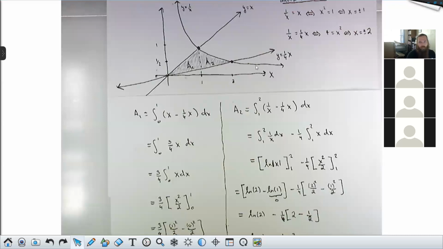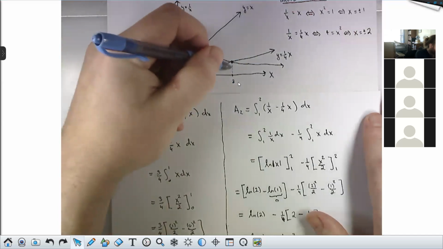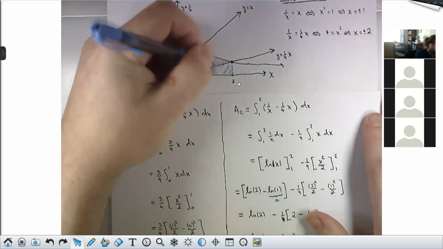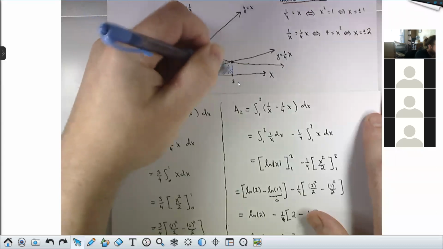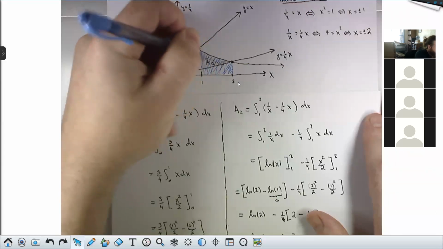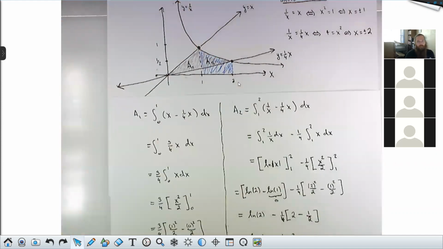If you look underneath 1 over x from 1 to 2, if you take all the area here, let me put it in blue. So don't add this to your drawing, just a fun conversation here. That blue area there is the natural log of 2.